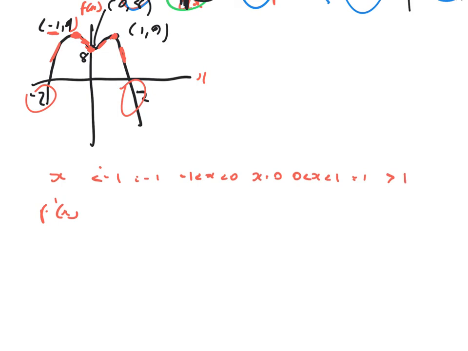So we can see that the gradient before we get to -1 is positive, the gradient at -1 is 0, the gradient between -1 and 0 is negative, at 0 it's 0, between 0 and 1 it's positive, at 1 it's 0, and after 1 it is negative.